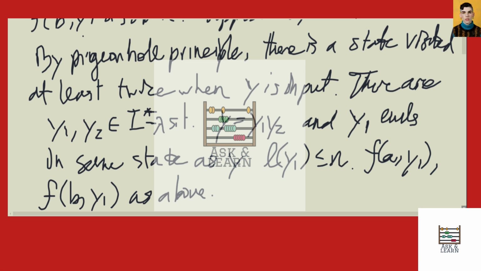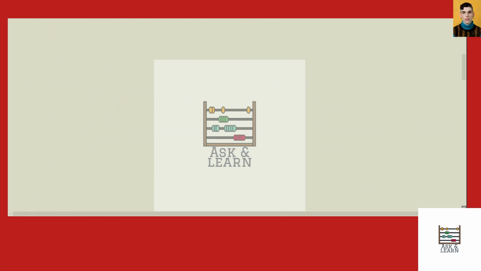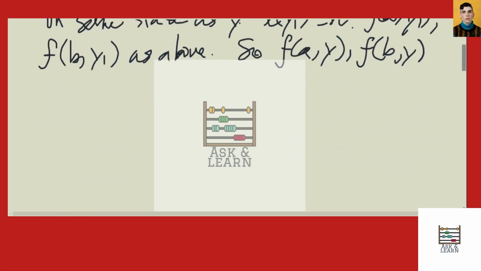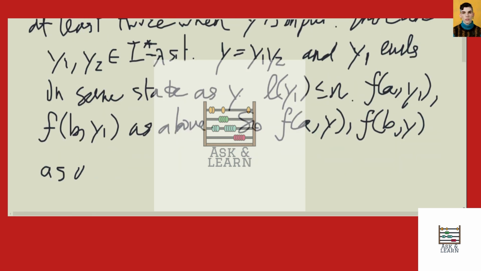And therefore, since y and y1 end in the same state, it follows that f of ay and f of by are as above. That is, they are both final states or they are both not final states.